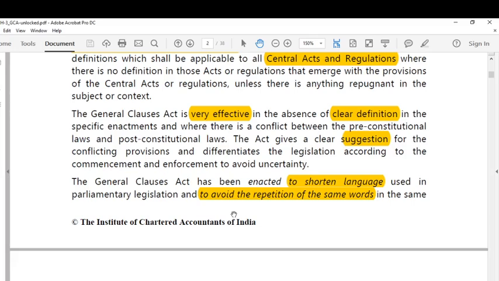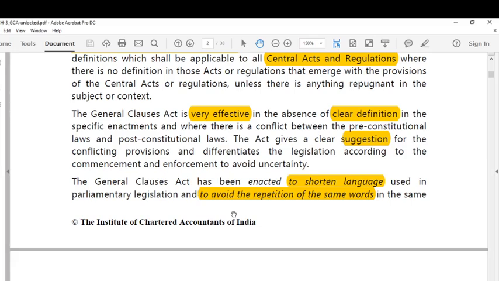Because, say for example, if there are certain definitions in the General Clauses Act, all these definitions need not be given again in the enactments that are being made after the Constitution came into force.